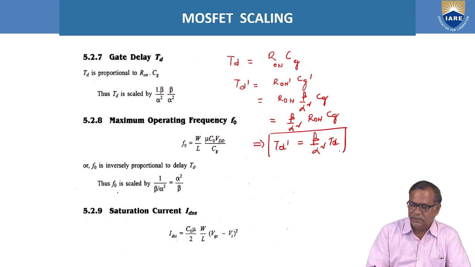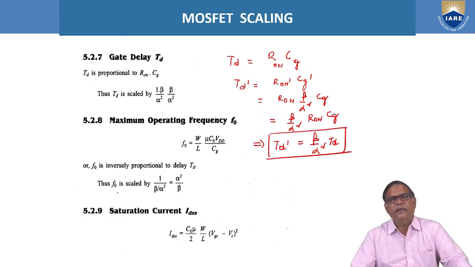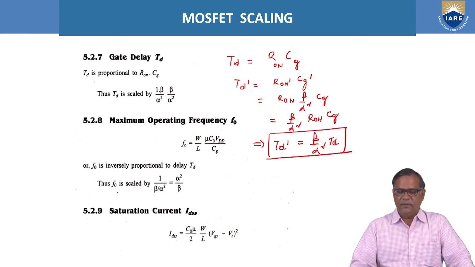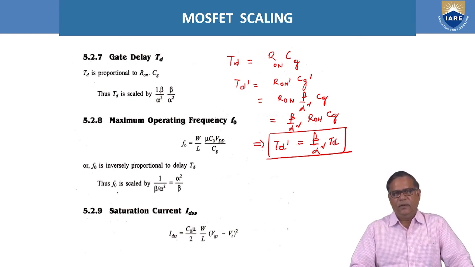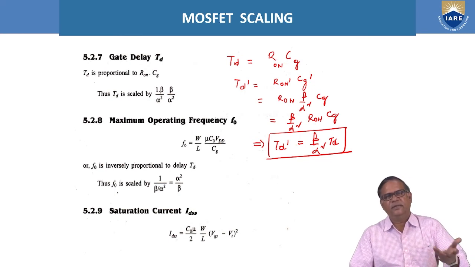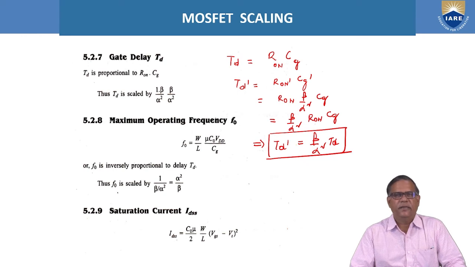So we can say that the gate delay is scaled by the factor beta by alpha square. And alpha and beta typically have a value of 1.4. So beta by alpha square is less than unity. So you can very easily conclude that scaling reduces the gate delay, which is good.